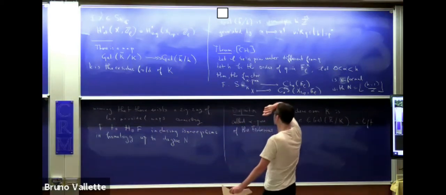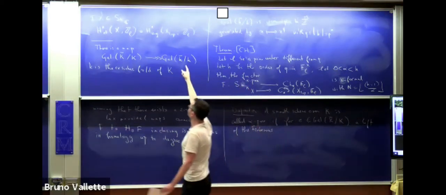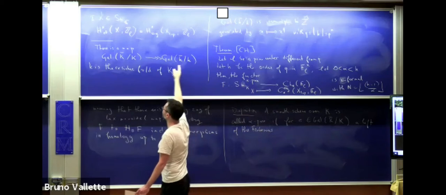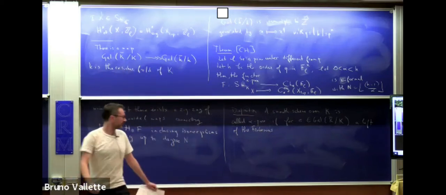So yeah, we have this map here. I've said that this group is generated by the Frobenius, so you can lift it here.